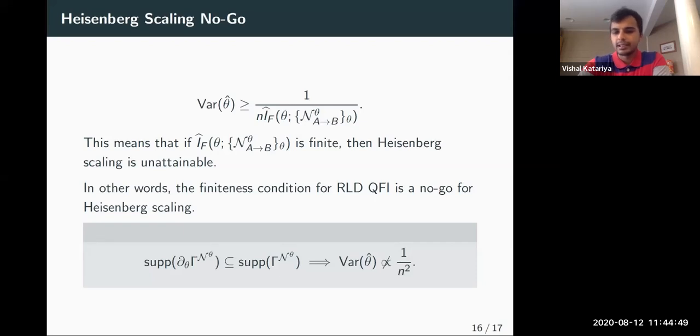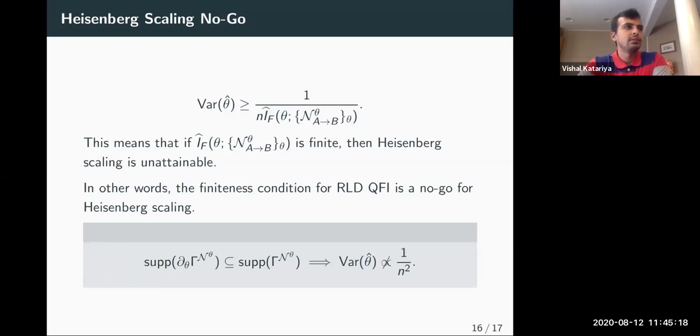So basically, the basic answer is that we have the support condition, derivative of the Choi operator. And one very simple corollary is that if the Choi operator of the channel itself is full rank, then Heisenberg scaling will be impossible, because a full rank channel will always satisfy the support condition.